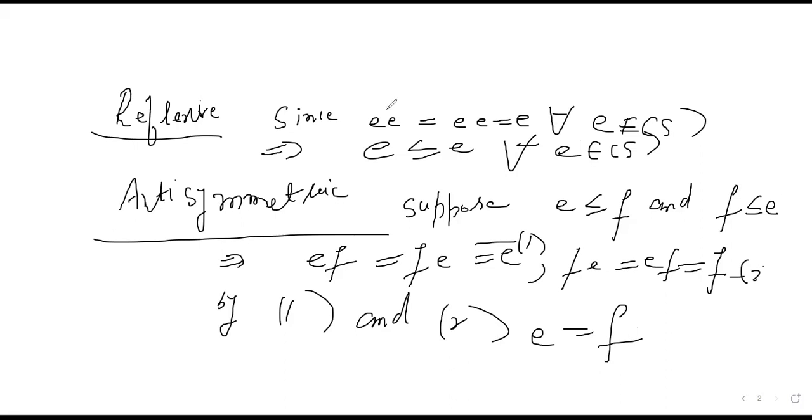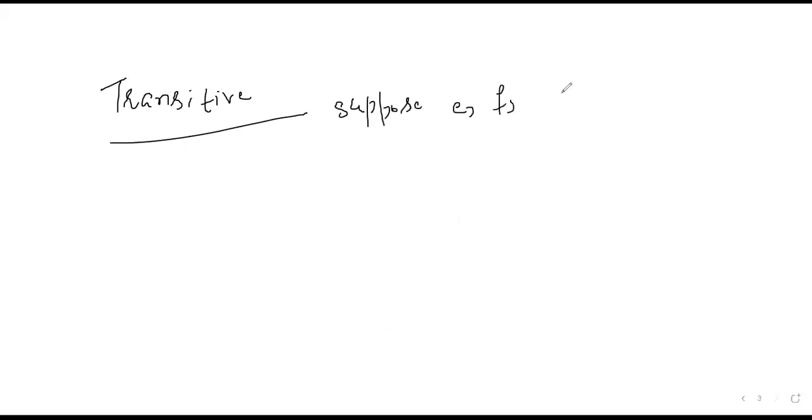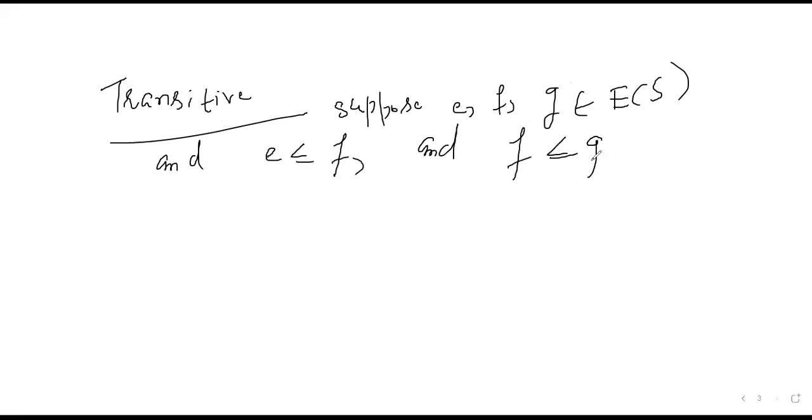Now finally this relation is also transitive. So for transitivity, suppose e, f, and g are idempotents of S, and you have e less than or equal to f and f less than or equal to g.